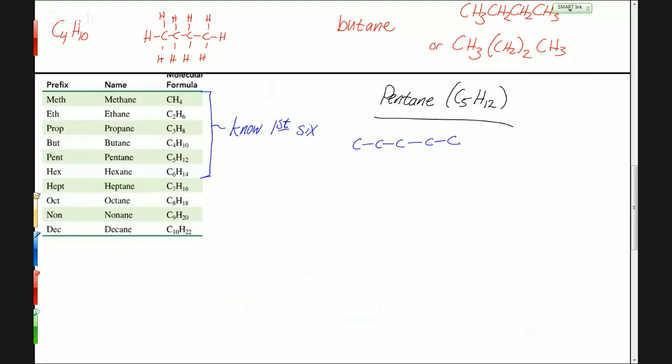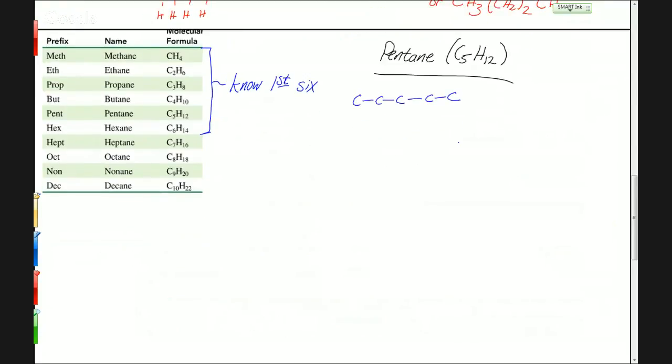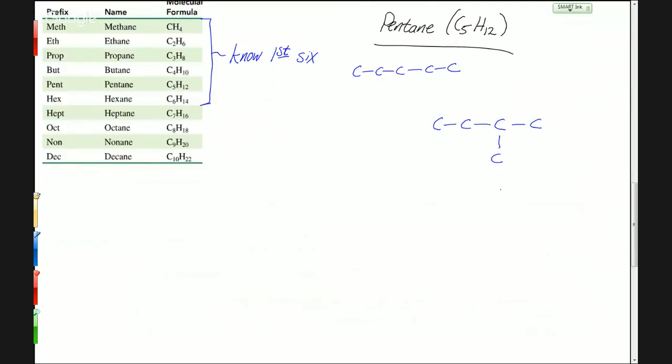Another way we could write this is to break off one of those carbons from the end and stick it somewhere in the middle, like this. And then there's a third way that looks like this.